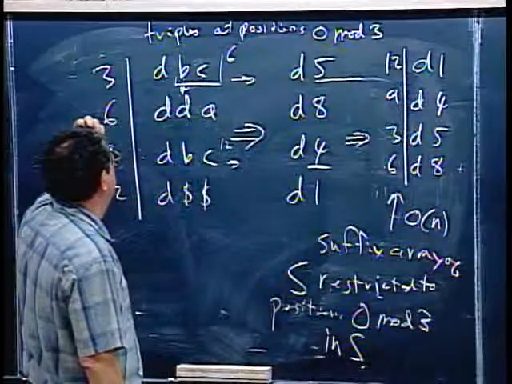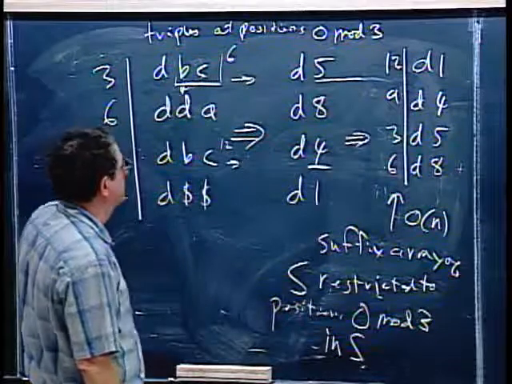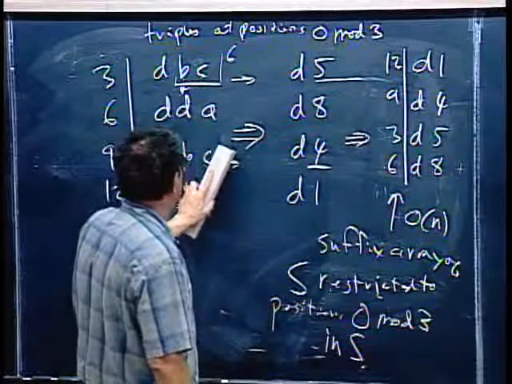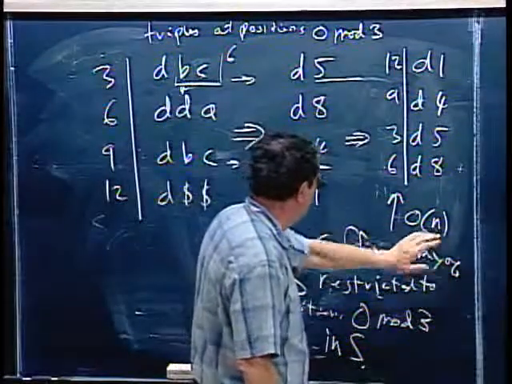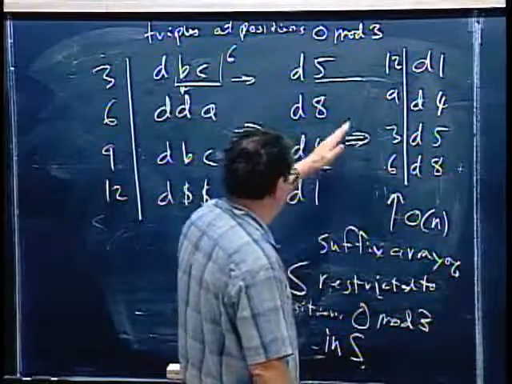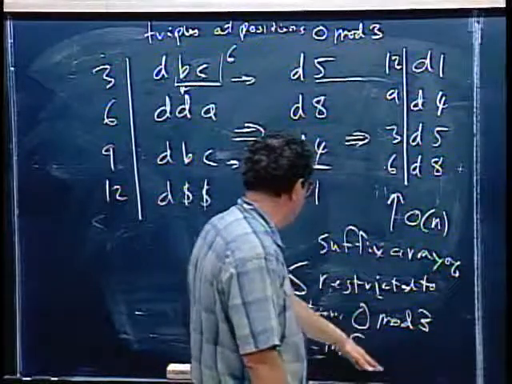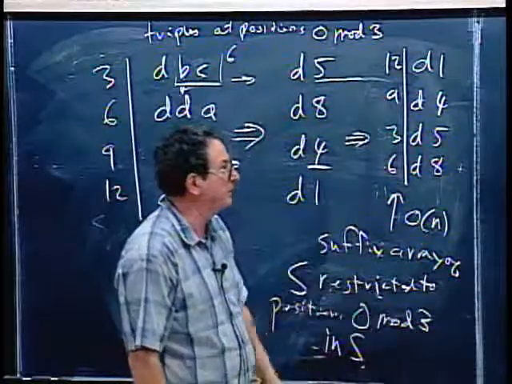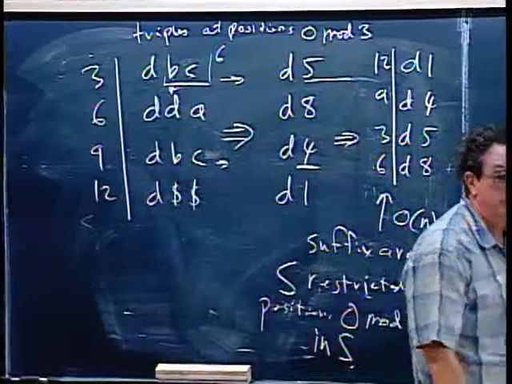Okay. Fine. So in order n time, we can find the suffix array of S restricted to all the positions 0 mod 3 in a non-recursive part of the algorithm. So this part is recursive, but this is non-recursive.